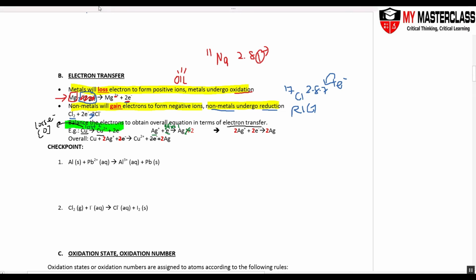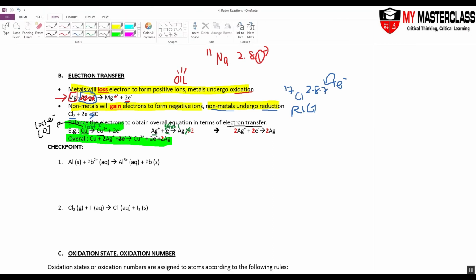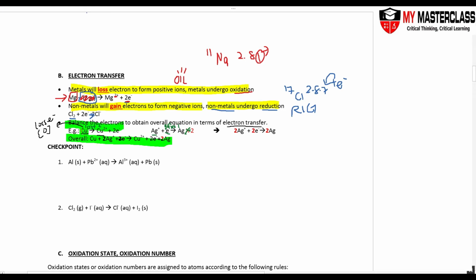Then we combine the balanced half equations into the overall equation. On the reagent side I have my copper and my 2 silver ions plus 2 electrons. On the product side I have my Cu2+ ions, 2 electrons, and your 2 silver metal.